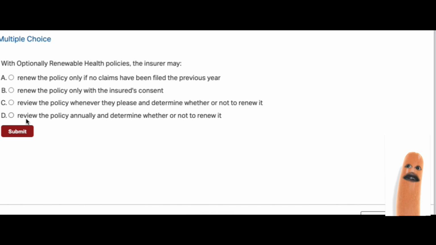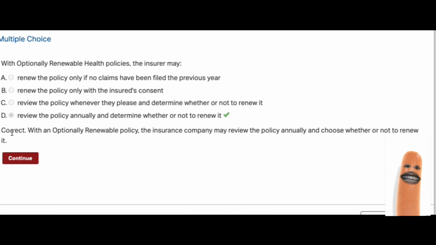Or D, review the policy annually and determine whether or not to renew it. I was going to say C, but D sounds a little bit better than C, so I'm going with D, Bob. For 38 points. Ding! Correct. It says, with an optionally renewable policy, the insurance company may review the policy annually and choose whether or not to renew it. That's right. Next question, please.